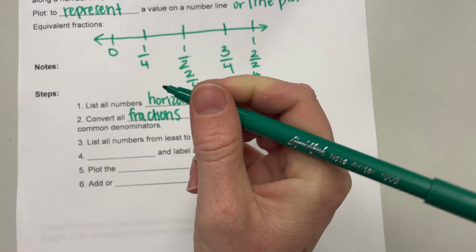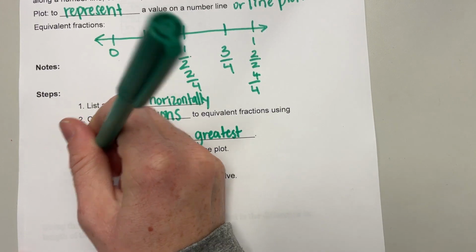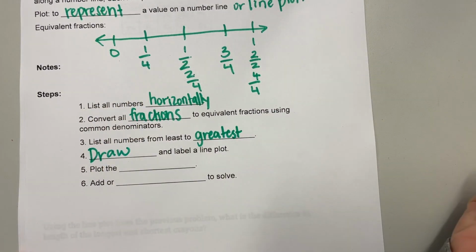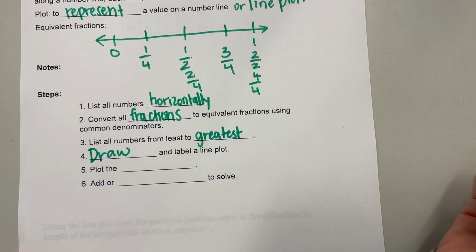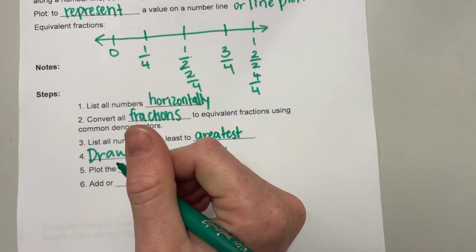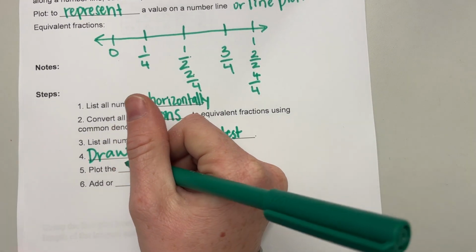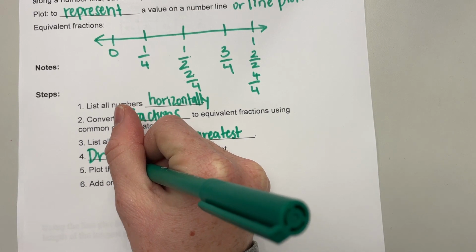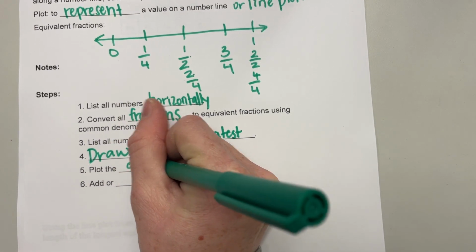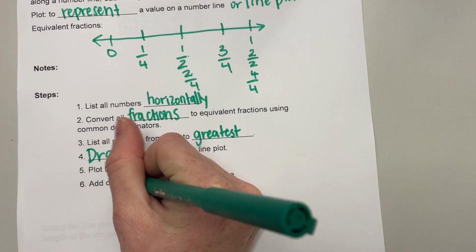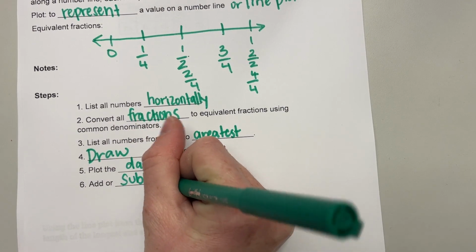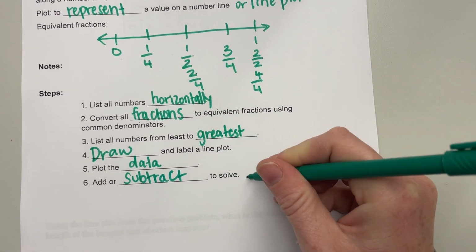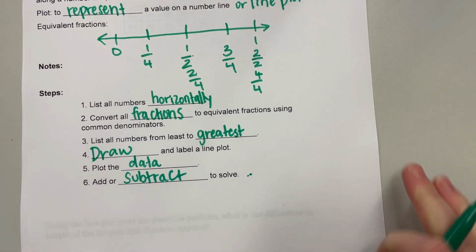Then draw and label the line plot, plot the fractions, or plot the data, and then add or subtract to solve. This is our only new step, the last one.